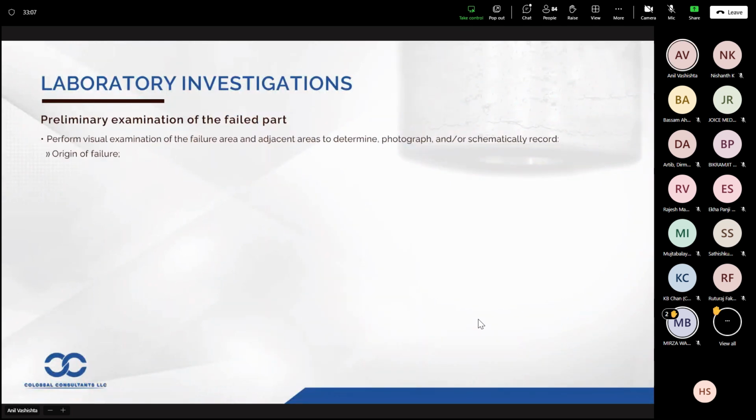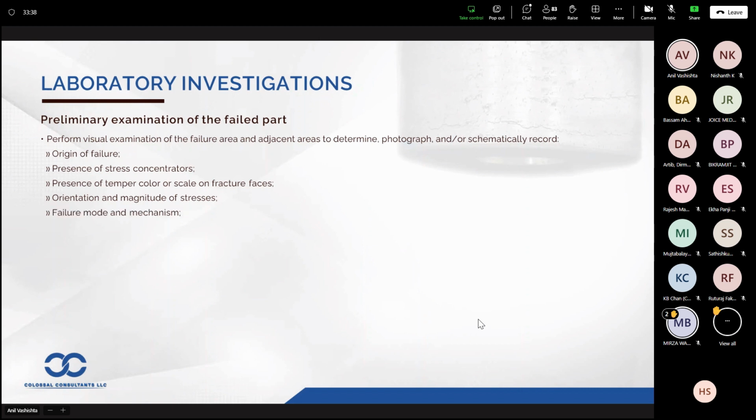Preliminary examination of the failed part. First, do the visual examination to identify and capture the features of the failed surface. You get to know the origin of the failure when you see the fracture surface, or you can see the stress concentrators. You can see any temper, color, or scale on the fracture faces, orientation and magnitude of stresses, failure mode and mechanisms.